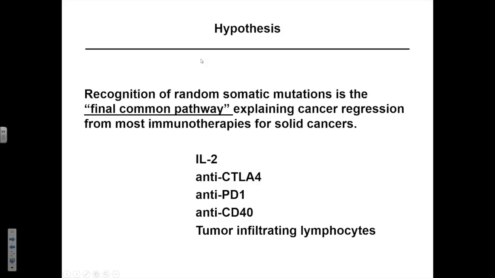Interleukin-2, the checkpoint modulators, anti-CTLA-4 or anti-PD-1 that are becoming so popular now, anti-CD40, and certainly our tumor-infiltrating lymphocytes. We finally understand, just in the last year or so, this final common pathway. We finally understand that the immunotherapy of cancer is based on mutation recognition.